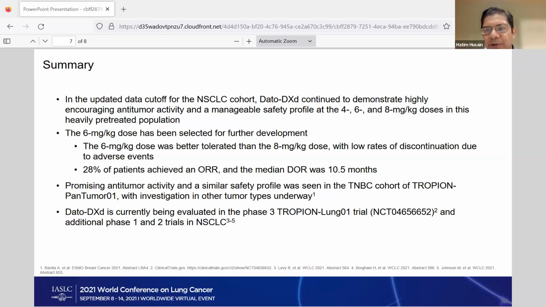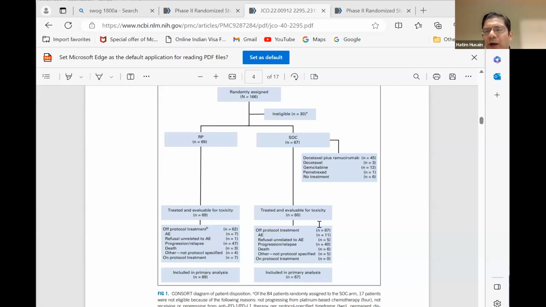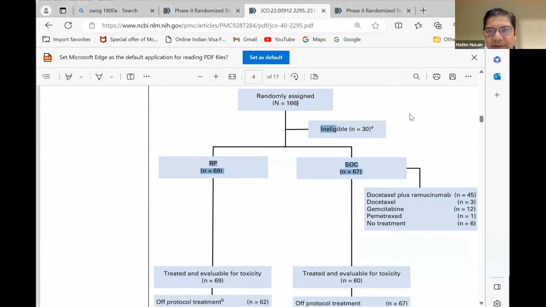docetaxel alone. So I'm just going to reshare my screen here again. One second. I'm just trying to show you some elements of this. So again, the SWOG S1800A looked at docetaxel, and here shows the control arm. I'll come in on this a bit bigger. The docetaxel plus ramucirumab was 45 patients out of 67.